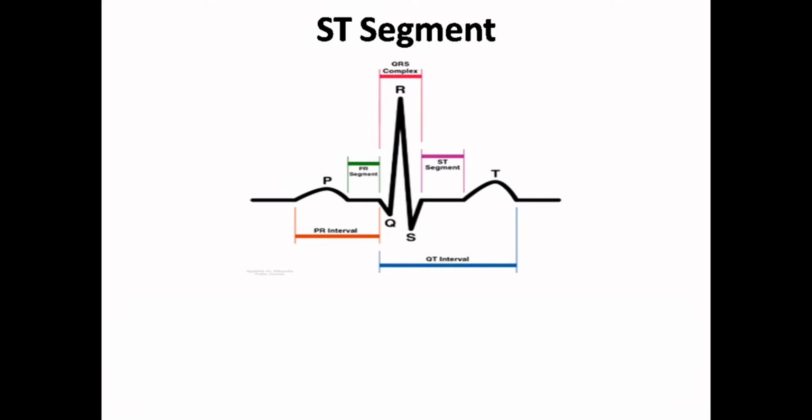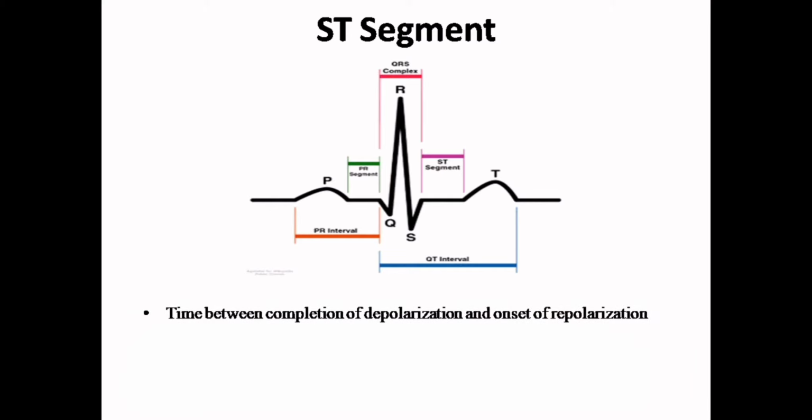So next we'll move on to the ST segment. So ST segment is the time between completion of depolarization and onset of repolarization. So this is the time where the ventricles will contract and will begin the relaxation process. So normally isoelectric and gently blends into upslope of T wave.